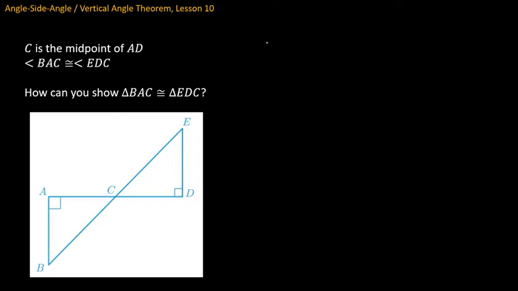So a quick refresher, let's say I have two triangles. Here's one and here's the other. And I want to show that they're congruent. One approach to this is the angle-side angle postulate, which tells me that if I have two sets of corresponding angles, remember corresponding angles are angles in two different polygons that are in the same relative position, I've got two sets of corresponding angles that are congruent to one another.